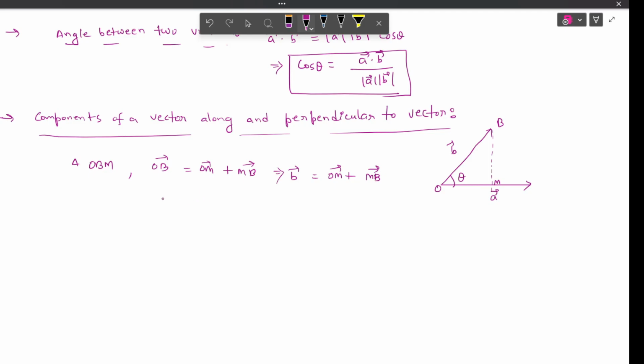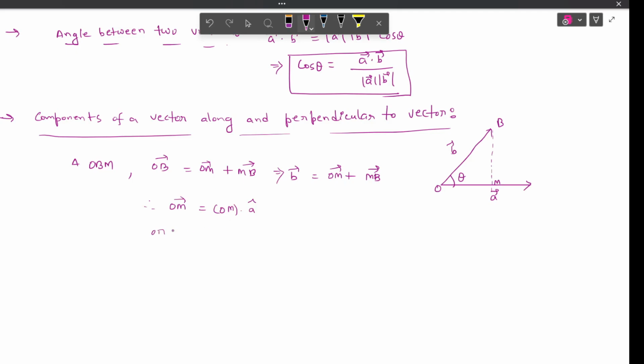Right? So we can say OM vector, which is along OA vector, is magnitude multiplied by direction.